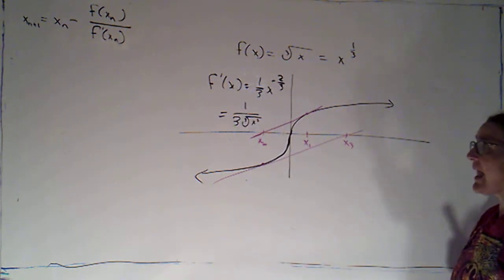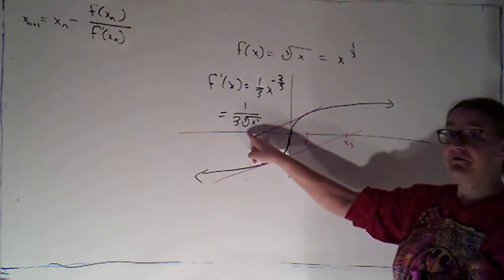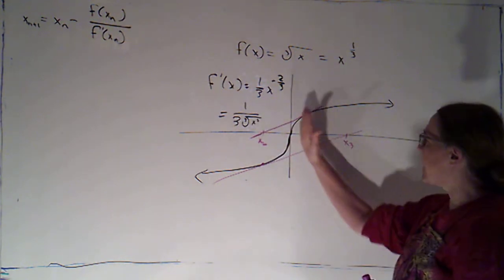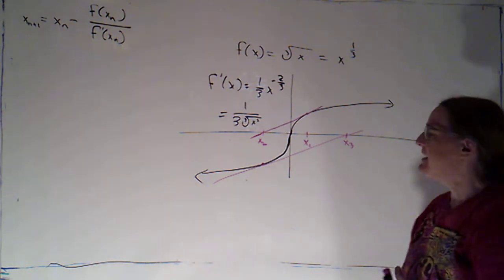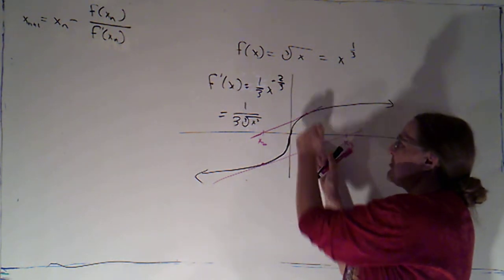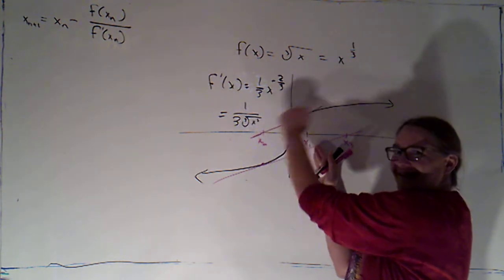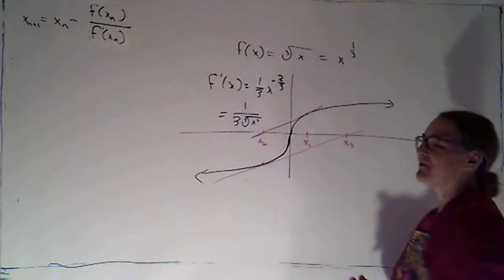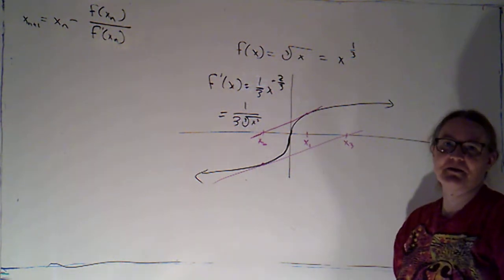Now at 0, that's undefined, and the closer we get to 0, the bigger that gets. So we've got a vertical tangent here. So the problem is, the further away I am from 0, the less steep the tangent line is. So that's taking me further and further away from my point instead of closer to it.